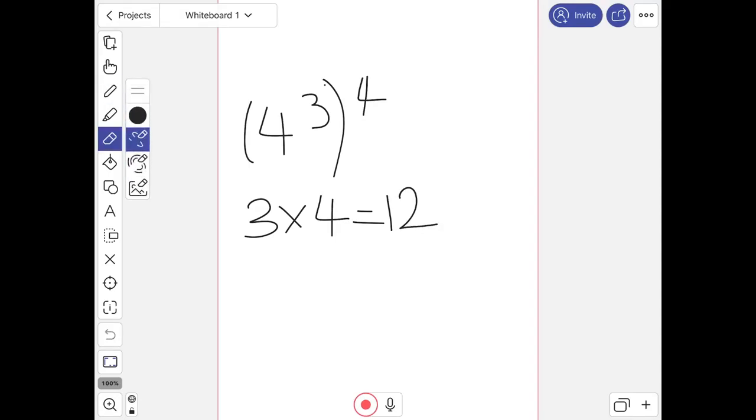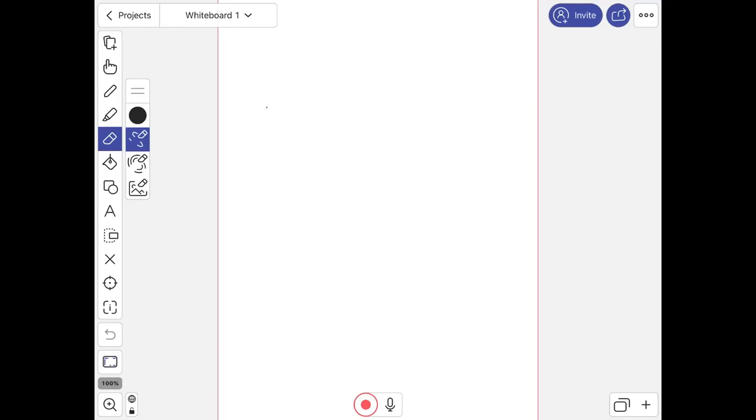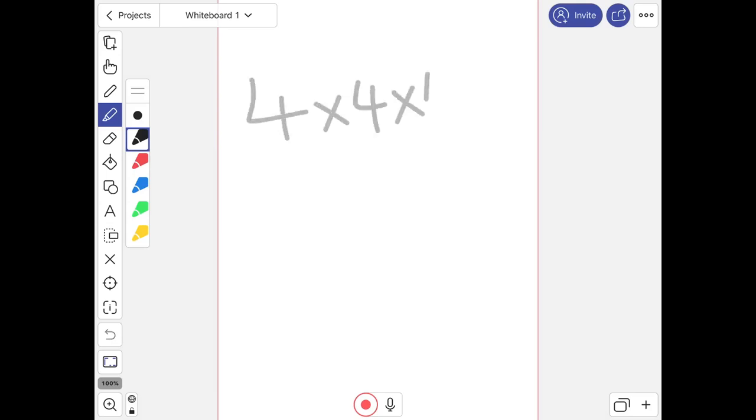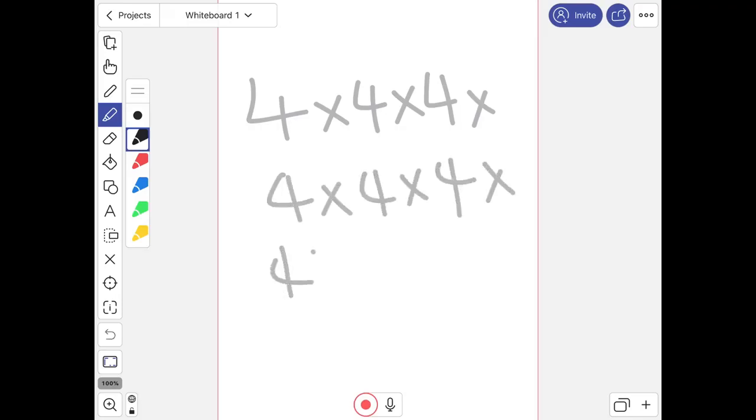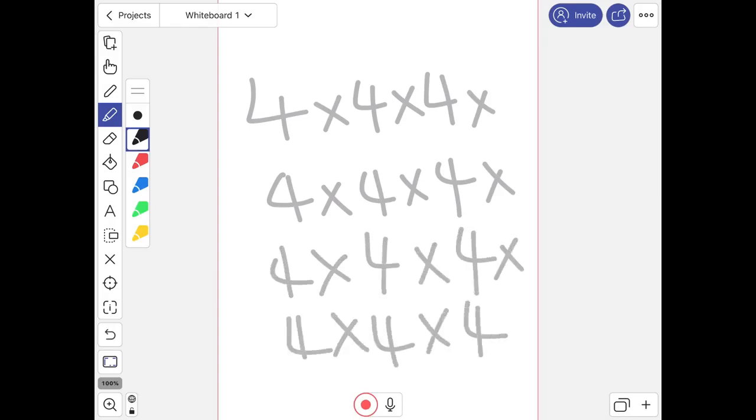However, if we do need reassuring that is definitely the correct answer, we can go into an abundance of 4s. So if we do 4 times 4 times 4 times 4 times 4 times 4 times 4 times 4 times 4 times 4 times 4 times 4.